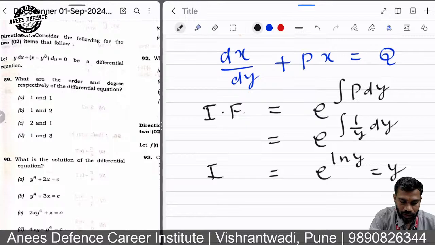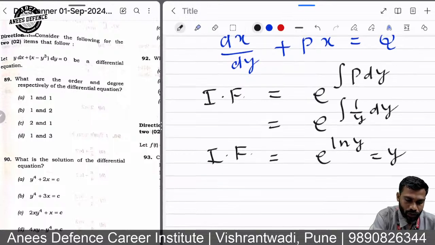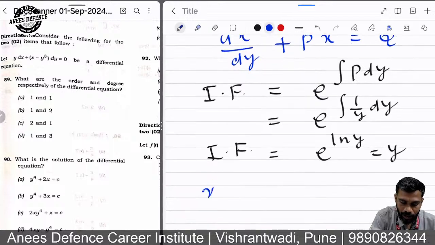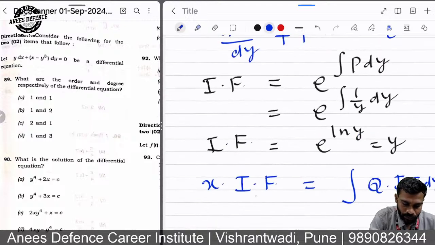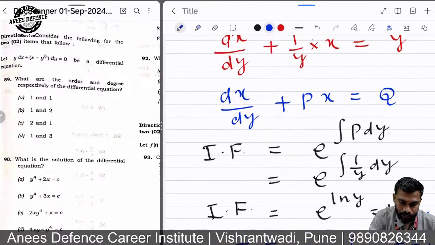Okay, so we have got the integrating factor. Now the solution is given by x into the integrating factor is equal to the integral of q into the integrating factor dy. That will give you x into y, since we have got integrating factor y, is equal to, what is q?